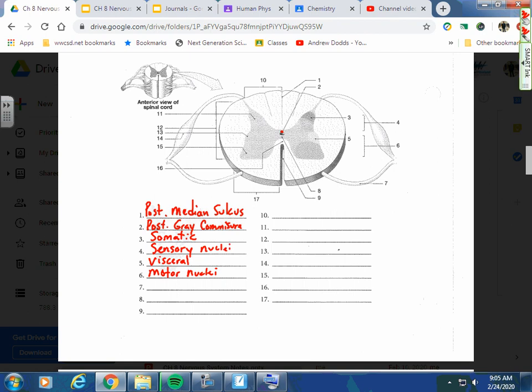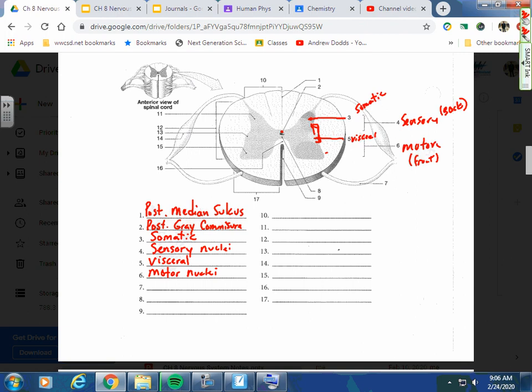So looking at it up here, sensory, motor. Like I said, the motor is going to be in the front, and the sensory is going to be in the back, posterior, dorsal, whatever. And where they labeled the somatic part, somatic is more of the voluntary or outside, if you remember that part, and five, visceral, is more like internal. So the visceral is in the middle, and the somatic is towards the outside.